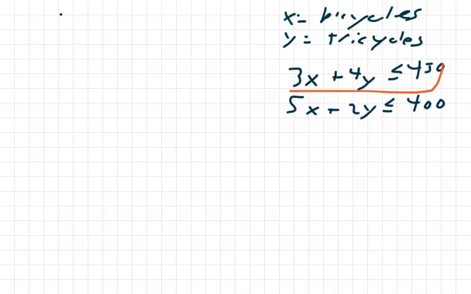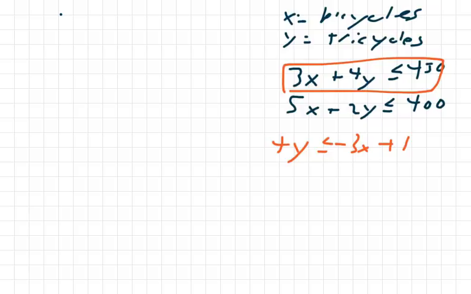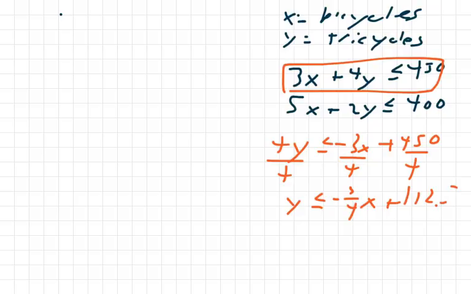So when I solve this, I'm going to subtract the 3x. So we got 4y is -3x plus 450, and then I divide by 4. And I got y is less than or equal to -3/4 x plus 112.5.